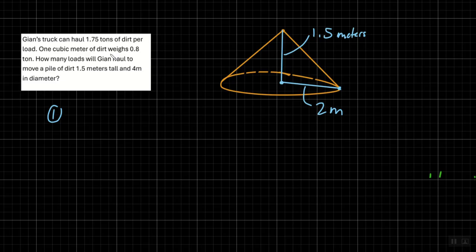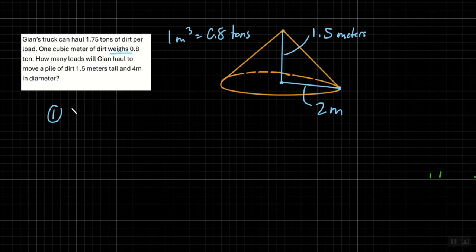Yeah, we're gonna need to know the weight. 1 cubic meter equals 0.8 tons. So I need to first figure out the volume of this dirt pile. If I have meters cubed, that's telling us that one volume of this equals 0.8 tons. So I need to find the total volume of this.